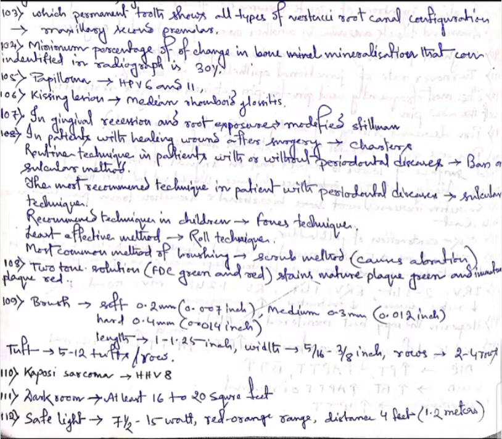The wattage of safe light is 7.5 to 15 watt, and the wavelength should be in red orange range. When you are processing your X-ray film, the safe light should be at 4 feet distance or 1.2 meter.